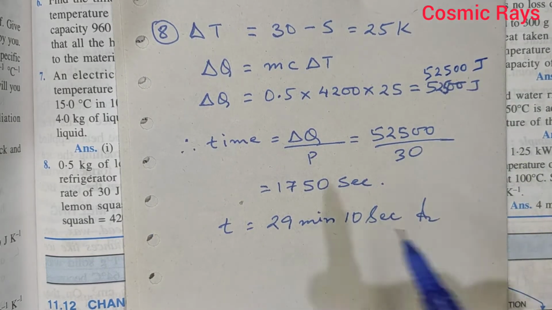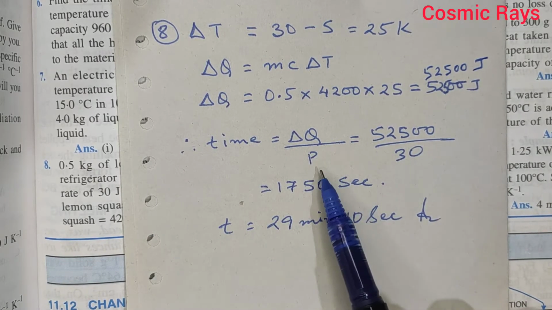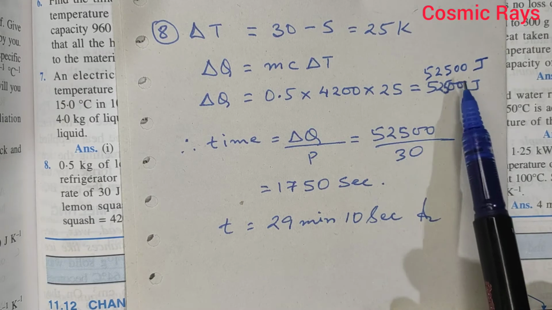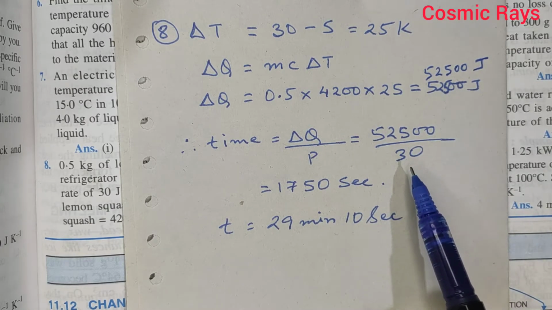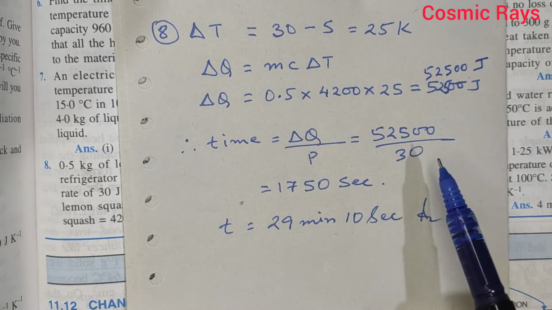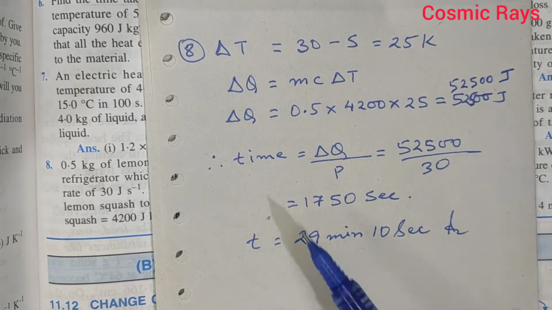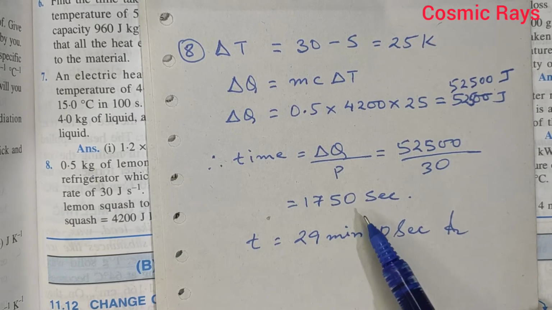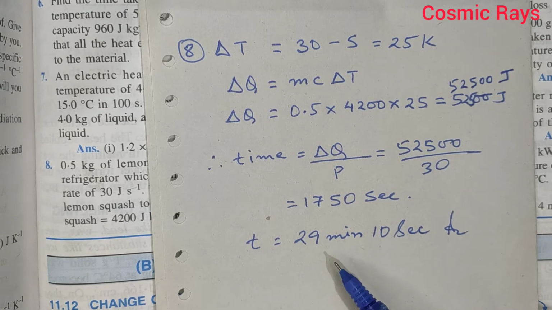Now time is equal to heat capacity divided by the power. So we have calculated the heat capacity and power is 30. So after division we get it as 1750 seconds. When converted to minutes it comes out to be 29 minutes and 10 seconds, which is the answer.